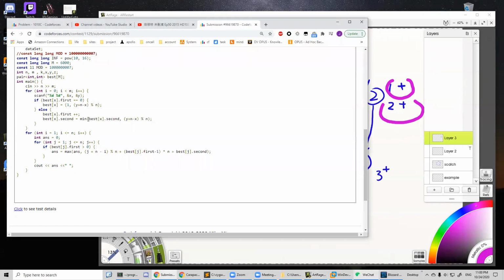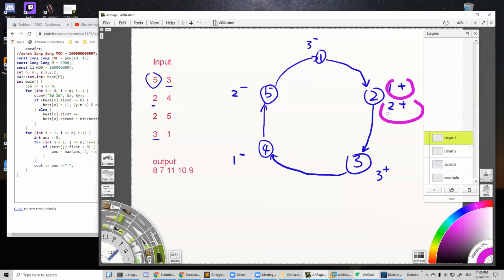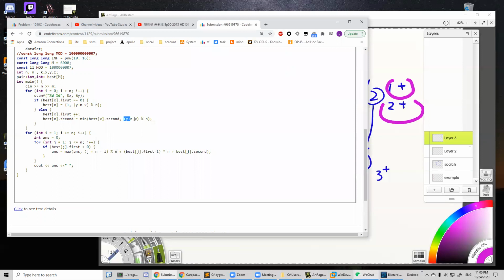For each candy, we are going to update the second value in that location. We take the distance between the starting point and the ending point for that candy, and use that distance to update the second value of the station.